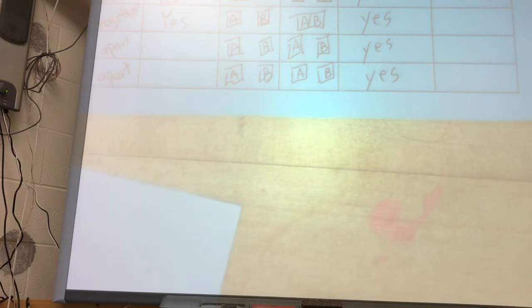They start apart, they end apart, we treat those the same. In all 4 of these types, we have momentum being conserved, which means we can use the conservation of momentum equation.